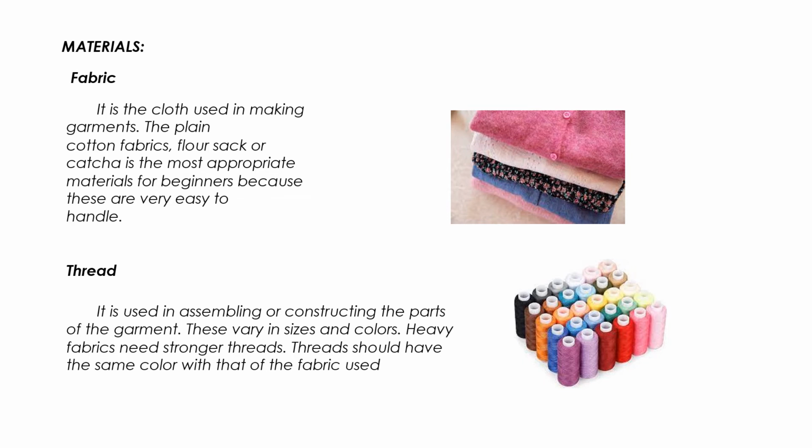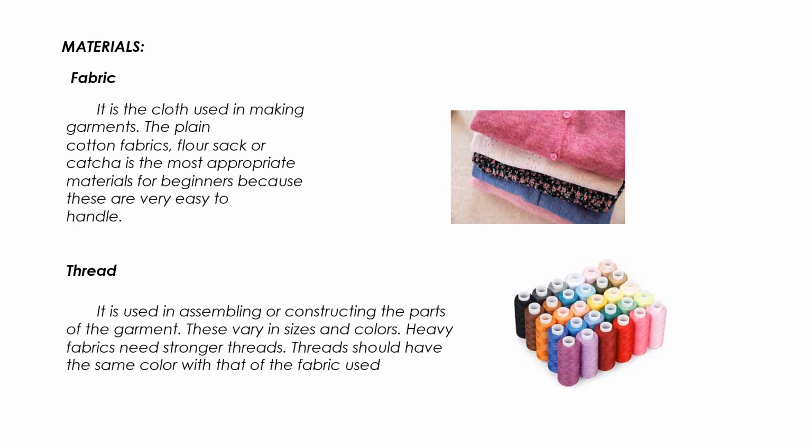These are the materials needed. We have fabric. It is the cloth used in making garments, the plain cotton fabrics. Flour sack or katcha is the most applicable material for beginners because these are very easy to handle.